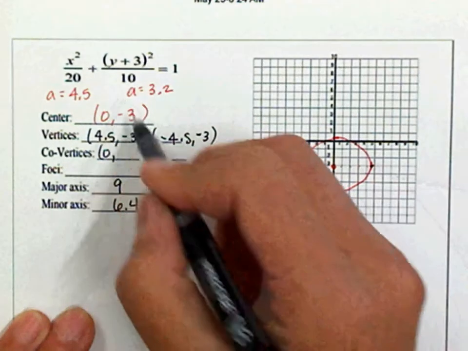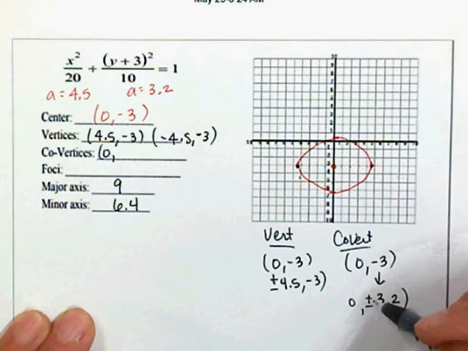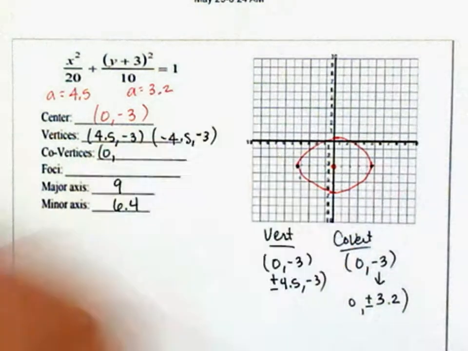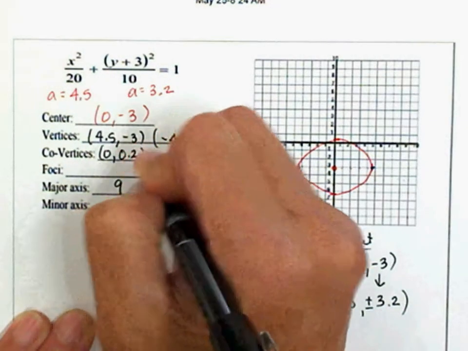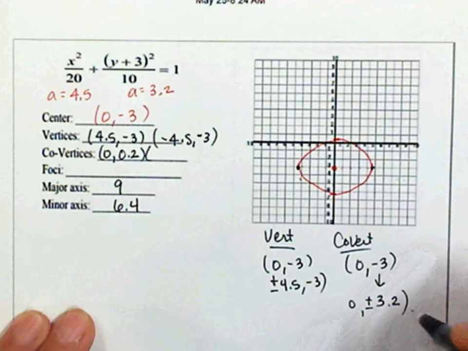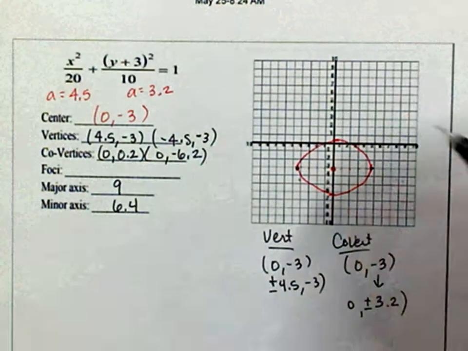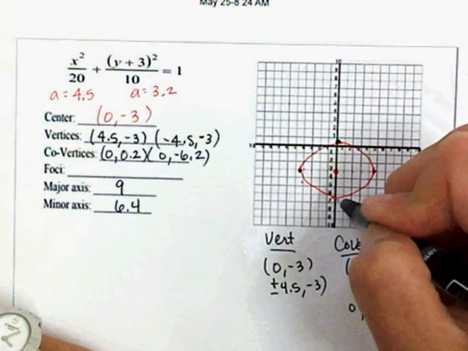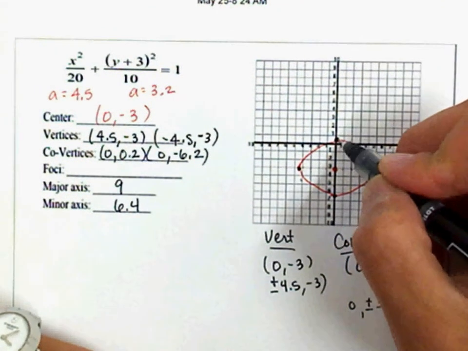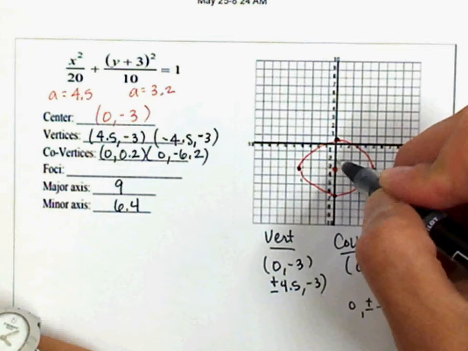Negative 3 plus 3.2 is 0.2. Negative 3 minus 3.2 is 0, negative 6.2. Or you can just kind of eyeball it. Not quite 1, went up 2, and this is negative 1, negative 2, negative 3, negative 4, negative 5, negative 6.2.